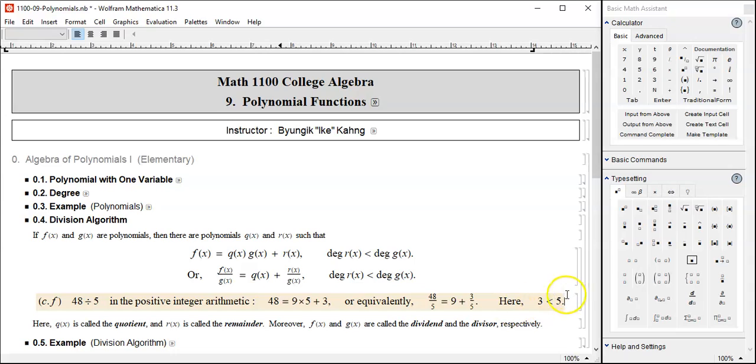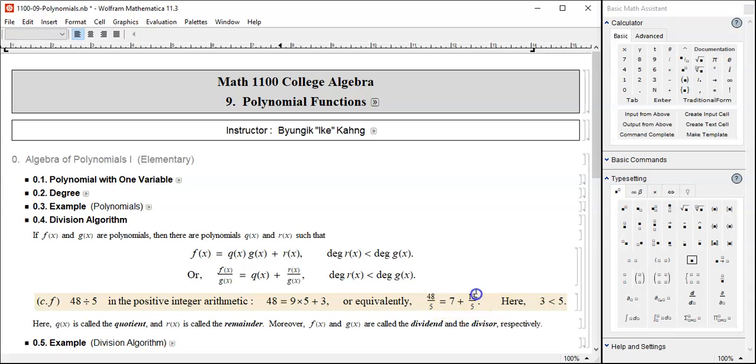And here, please note, the remainder 3 is less than the divisor 5. This is important. If the remainder is the same or more, then I can further divide. For example, if I rewrite this as 7 and then like this, this equality here is absolutely right. But this is not a division algorithm.